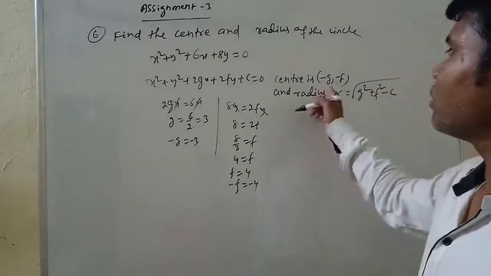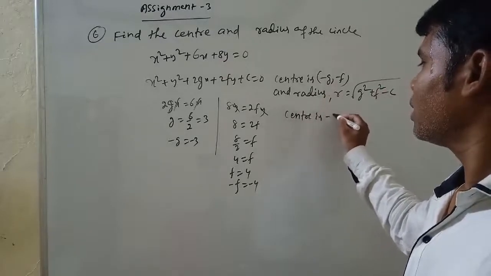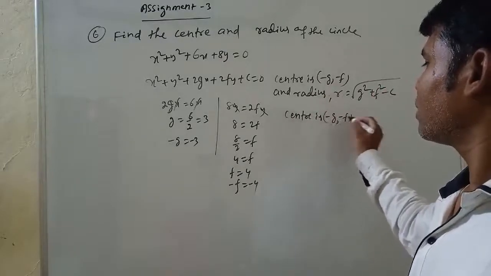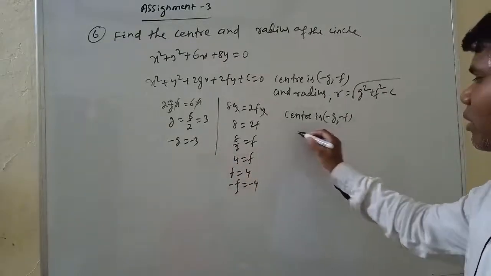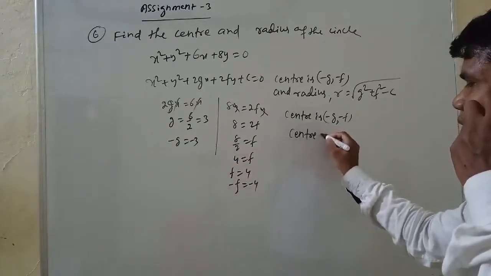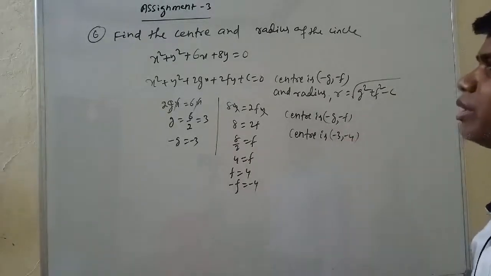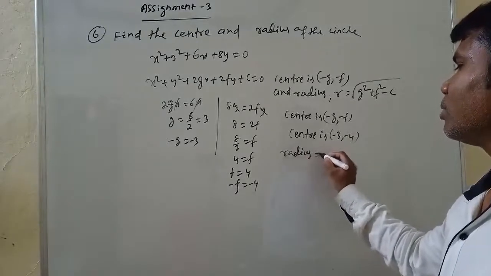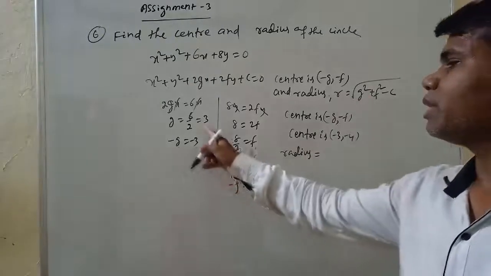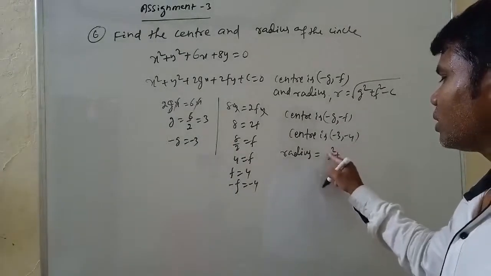Center is equal to minus g, minus f. Therefore minus g is equal to minus 3, that is center is minus 3, minus 4. Radius is equal to how much? Radius is equal to root over g square plus f square. G is equal to how much? 3, 3 square.